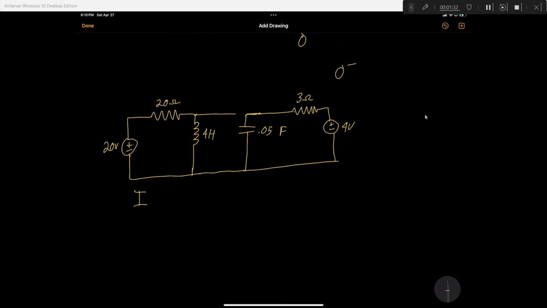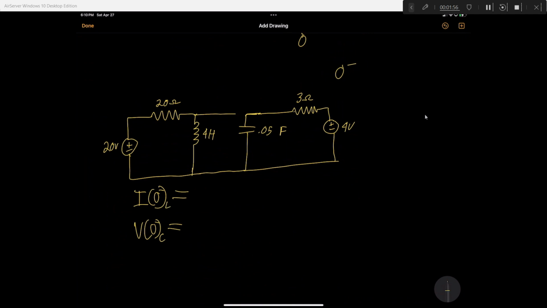So, I naught, what would that be? Well, when we're referring to I naught, we're referring to the inductor. And when we're referring to V naught, the initial voltage, we'll do minus to really show you what we're talking about. Then this is going to be capacitor, inductor, right?